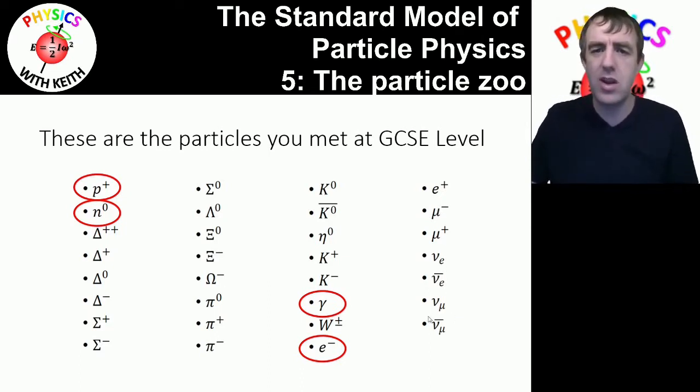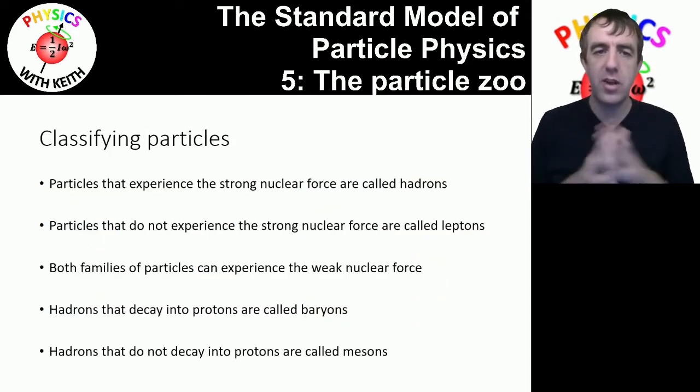There's also neutrinos. That's the Greek letter nu. But there are other particles on this table. Particles like sigma particles, omega particles, xi particles, eta particles, lambda particles, delta particles, which you may never have heard of before. So we had to find some way of sorting this zoo.